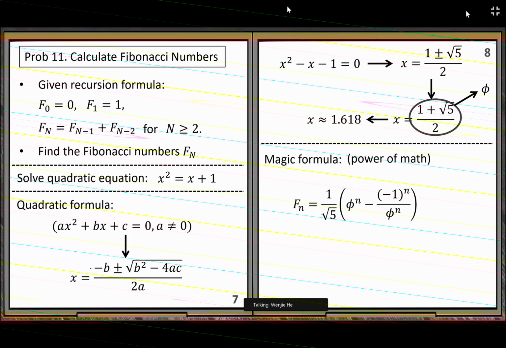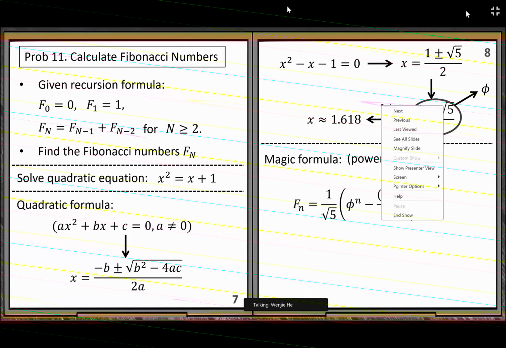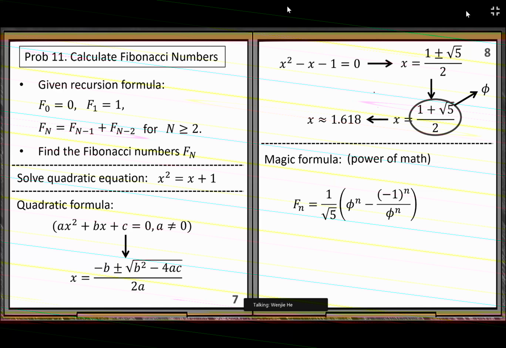Another special thing is, we know Fibonacci numbers are all integers, right? All integers. But the golden ratio is this special number with infinitely many digits after the decimal point, so we call it irrational.